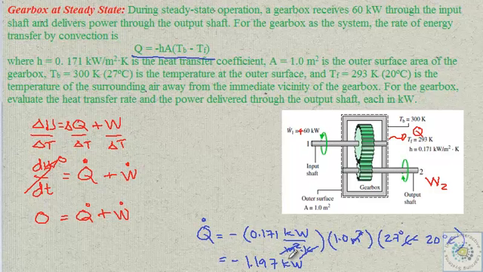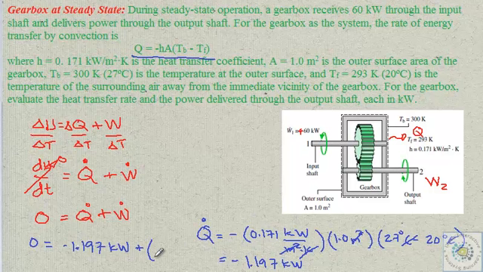And from there, we can actually compute how much is W2. In this case, we'll have 0 equal to Q dot, which is negative 1.197 kilowatts since it's being released to the surrounding, and then W. There are two W here: one W being added and W2 being removed.